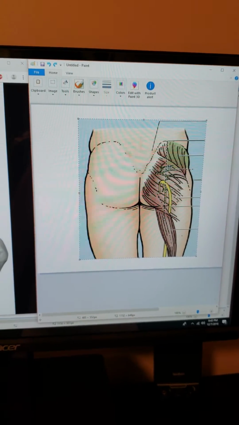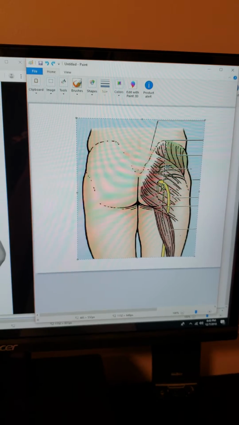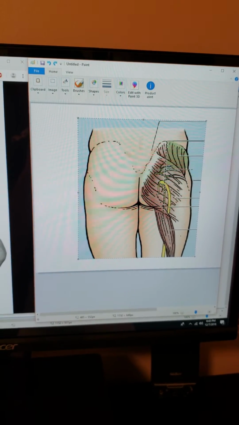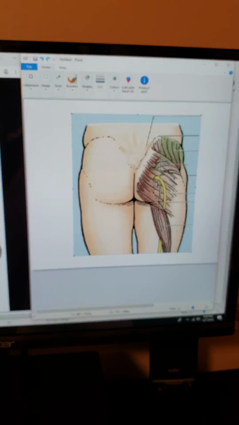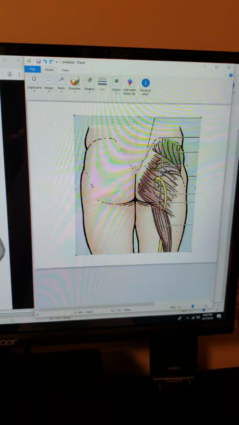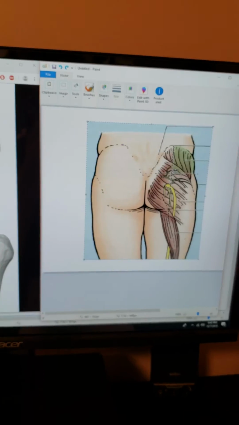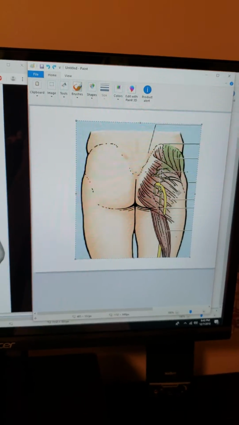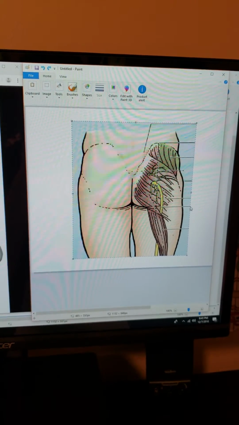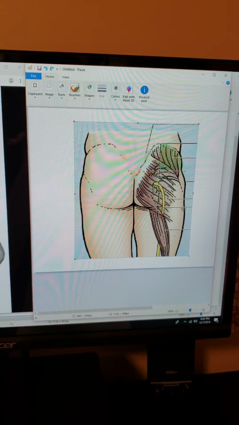If you were to do a ventral gluteal IM injection, or intramuscular injection, the way to find the injection site would be to have your patient lie on their side and flex their thigh at the hip. You would then find the greater trochanter and place the palm of your hand on it.